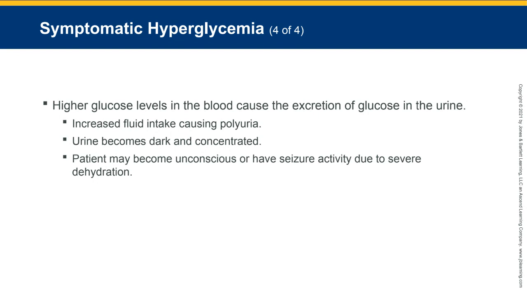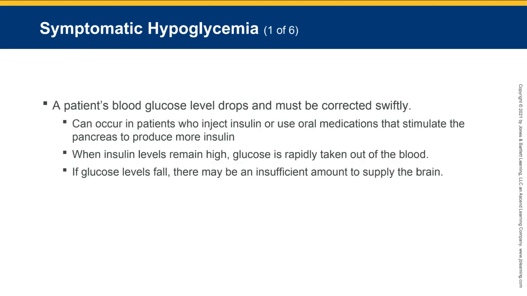The patient may become unconscious or have seizure activity due to severe dehydration. The brain cannot function effectively if it's severely dehydrated. And the brain takes longer than other areas of the body to rehydrate.